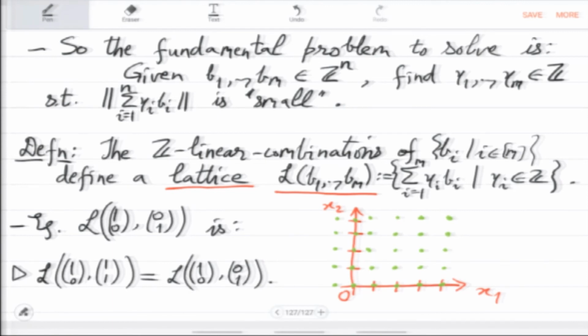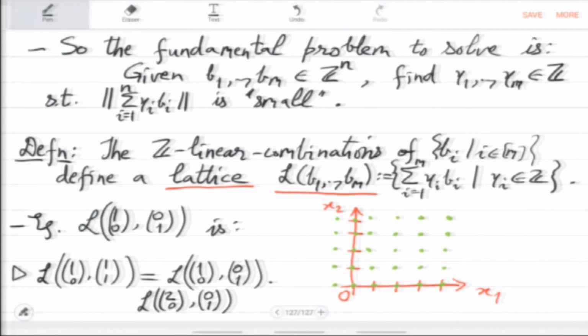Okay. On the other hand, if you look at 2 0 and 0 1, what do you think about this lattice? Do you think this is the same as before?